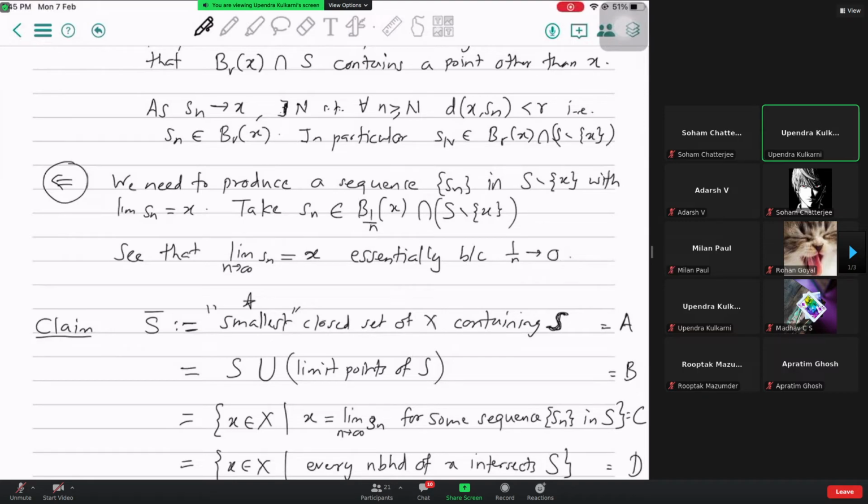Okay, so let's look at B and C. Is either one of the inclusions easy? B is a subset of C and C is a subset of B. Is at least one of them easy? One of them is obvious. Which one?